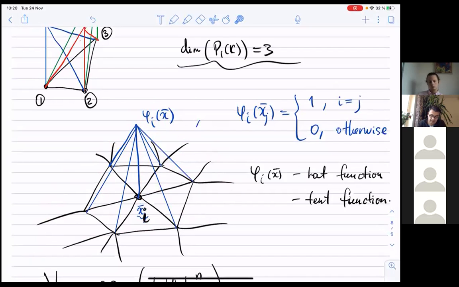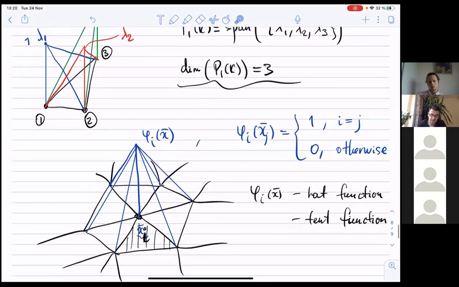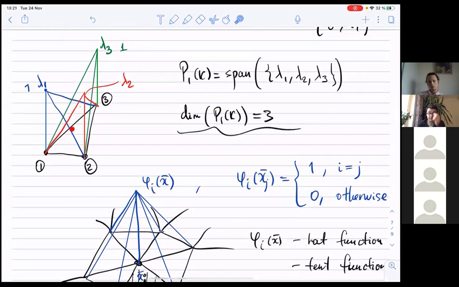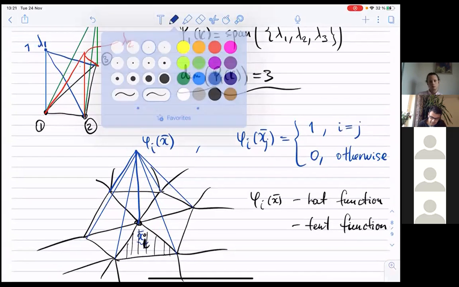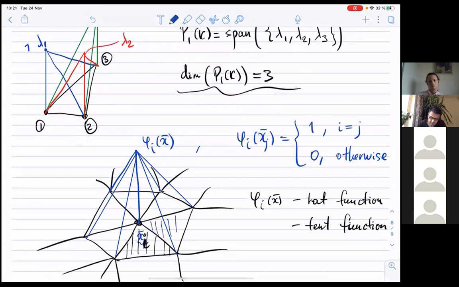So you see, if you take a restriction of this basis function to one triangle here, it is going to be the usual Lagrange basis function which is defined there. If you take a restriction to another triangle, for example the neighboring one like this, it is going to be another basis function.